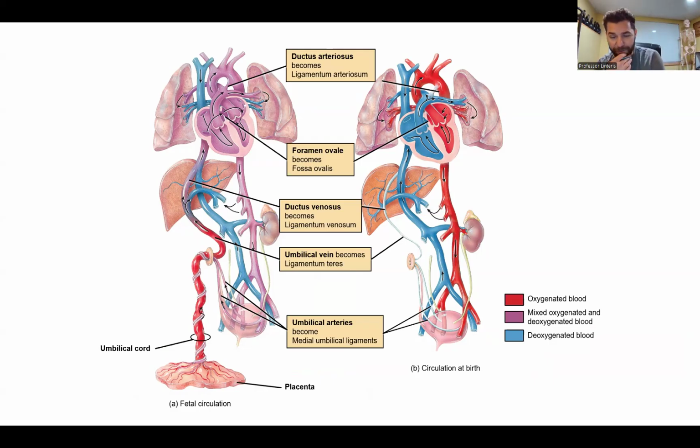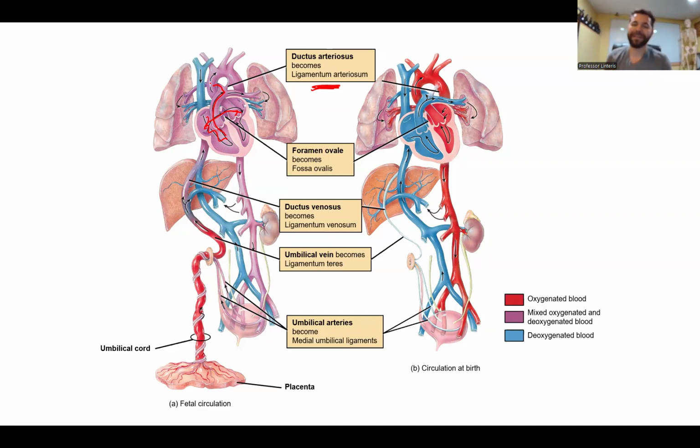So we actually talked about this in A&P1. In fetal circulation, the blood doesn't have to go to the lungs per se. So we have many structures that reroute blood from, let's say, the right side of the heart to systemic circulation.